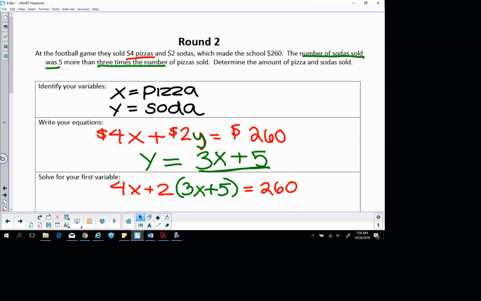Nope. Because you already distributed. Now just combine like this.